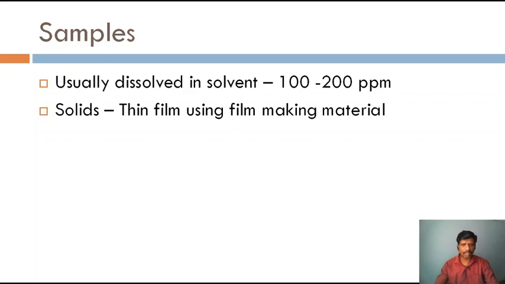If none of the solvents can dissolve your compound, then you can also make a thin film and study your spectra. In that case also, the material that you use for making the thin film should not interact with the solid and should not absorb any radiation in the range that you study, right?